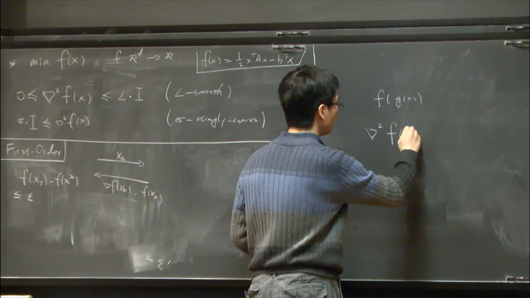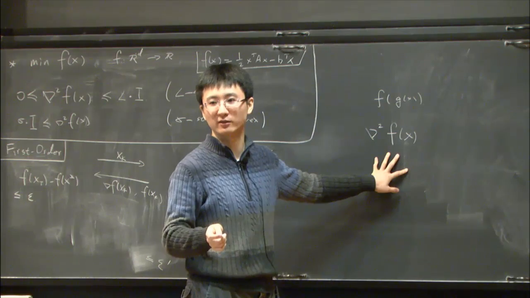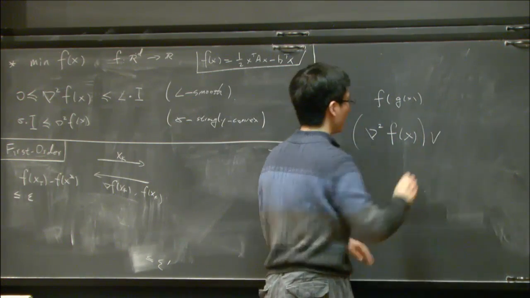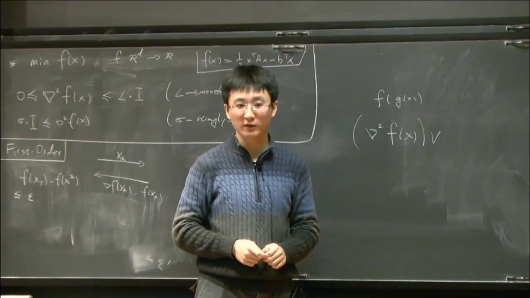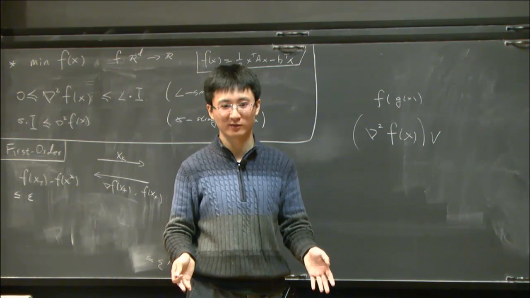If you have a function f represented as an arithmetic circuit of size s and all the gates are twice differentiable, then computing the Hessian multiplied by a vector also takes running time that's linear in the size of the circuit.